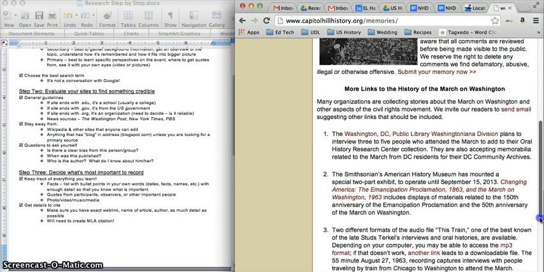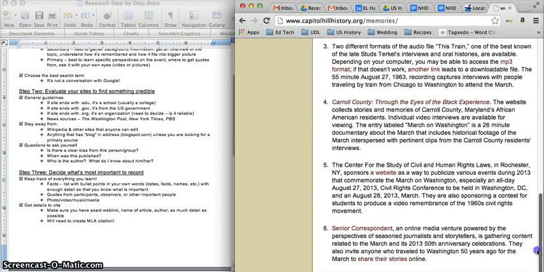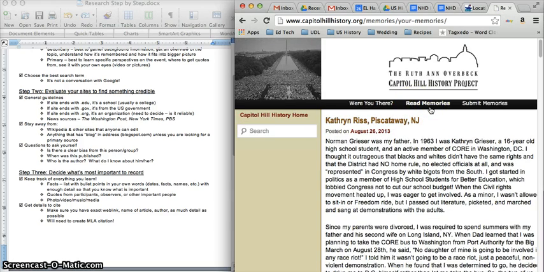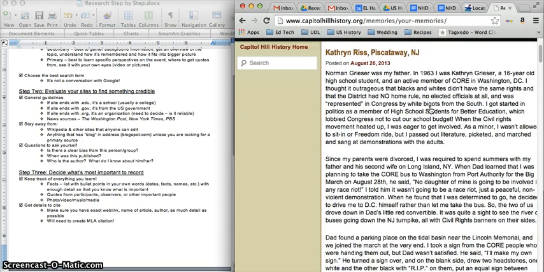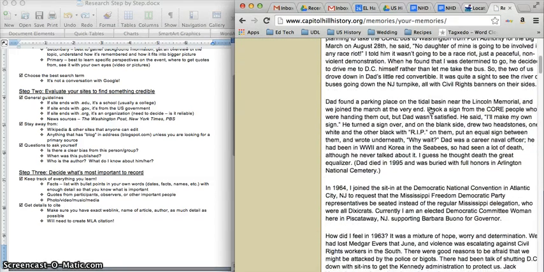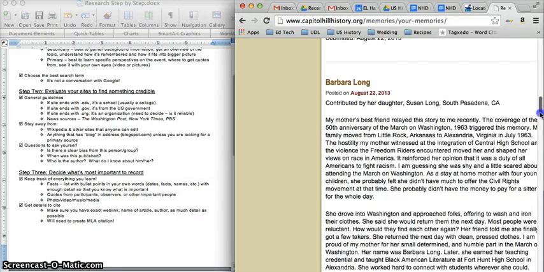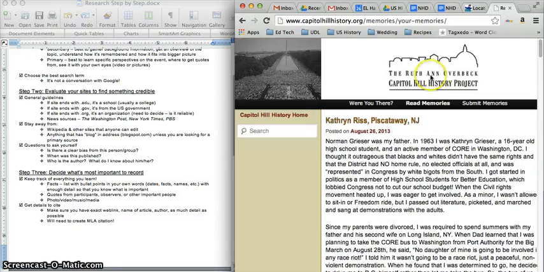So in this case, I find this site, it doesn't actually have a lot of information on it. Oh, "Read memories," okay. So if I click there, it looks like it's pulling up specific memories of people who were at the March on Washington, and it's from this group called the Capitol Hill History Project.